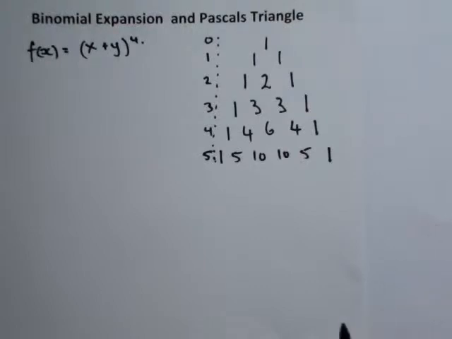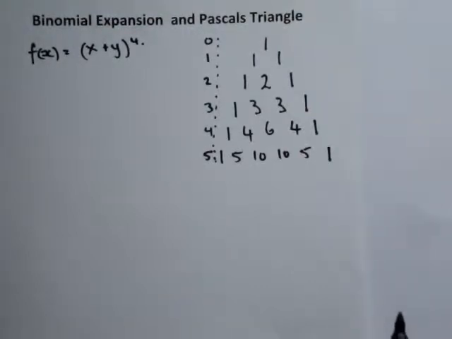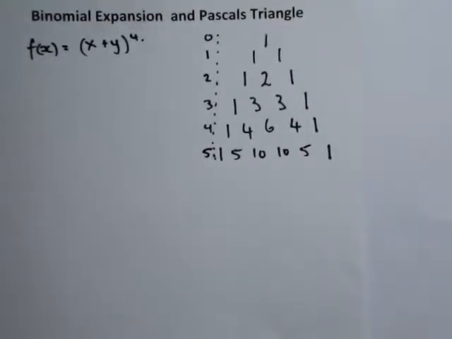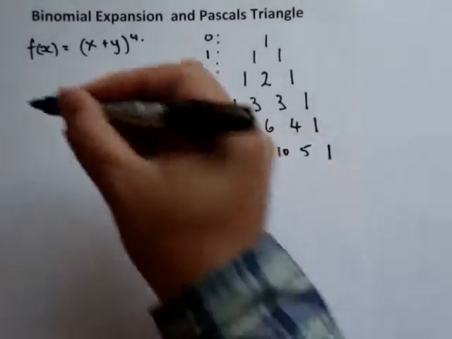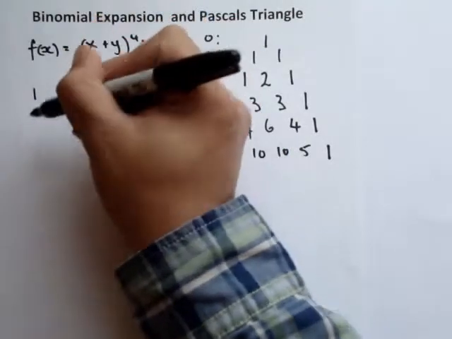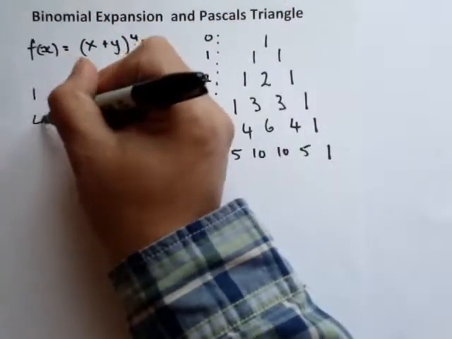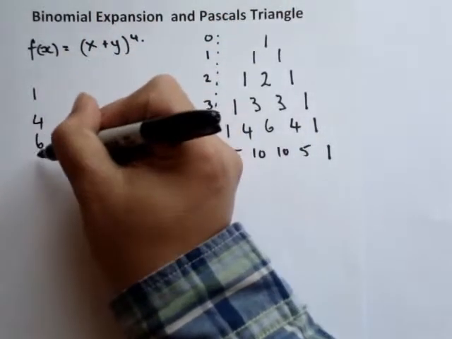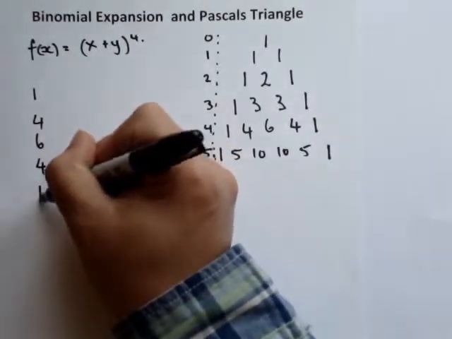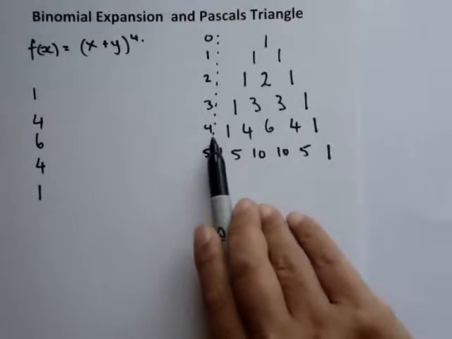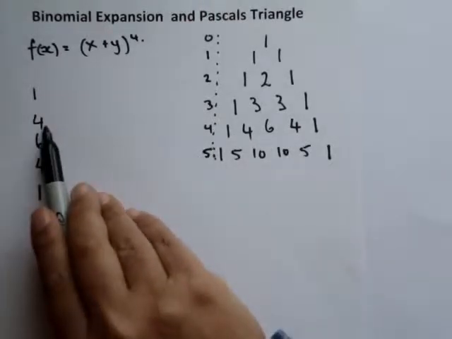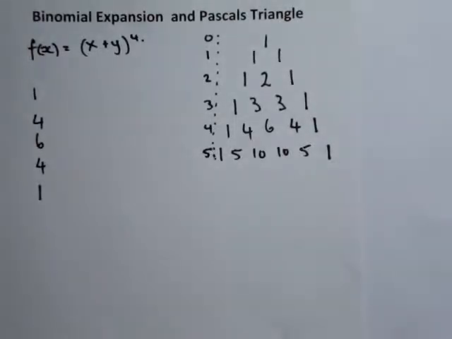So let's do a quick expansion of x plus y to the power 4. Let's write down our coefficients first. This would be 1, 4, 6, 4, 1. So that's for the power 4, and 4 is our second coefficient in the expansion.